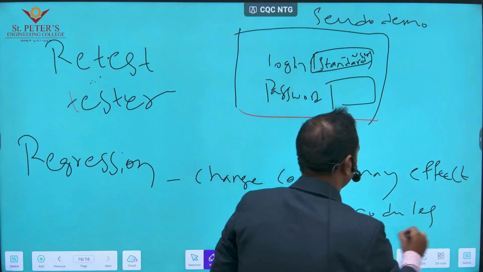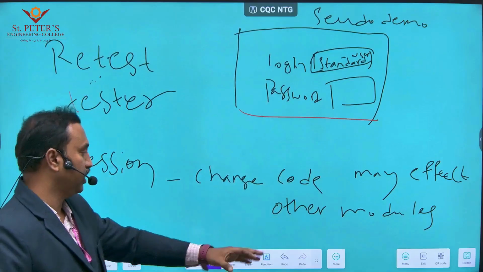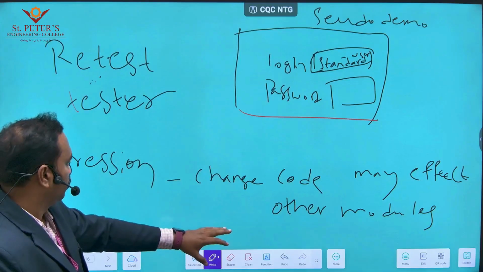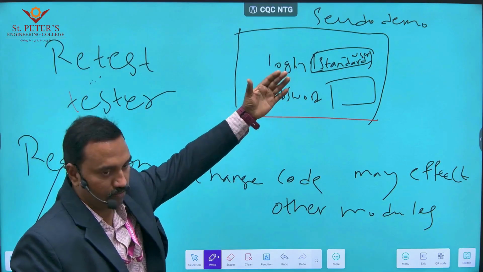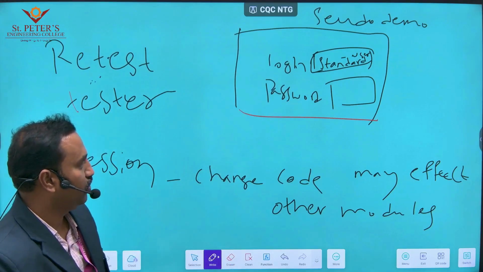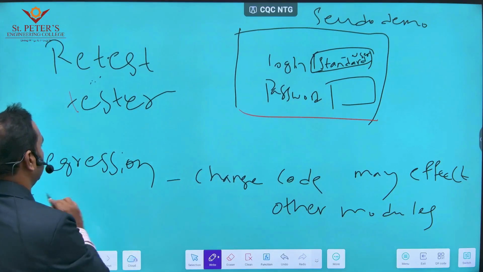So here also the tester tests the application at a higher level. After changing to another build, you check whether, by changing the code, the other modules or this module are still working fine. If it is working fine, then this is also successful.